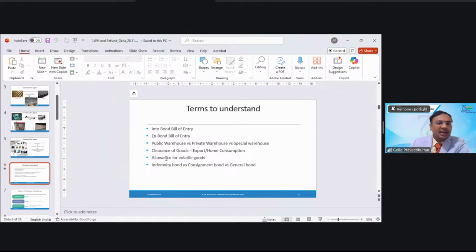Clear? Goods which are kept in the warehouse, I can either export, I can clear for home consumption, or I can transfer to another warehouse. Then there's a concept called allowance for volatile goods. So when I have goods on which I do a manufacturing activity, or goods which are susceptible to evaporation, for example camphor, petrol, diesel, or any other chemicals, when they get exposed to moisture, there is a possibility of reduction in weight.